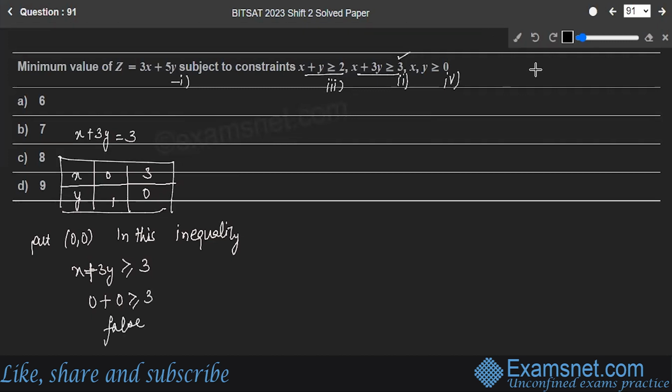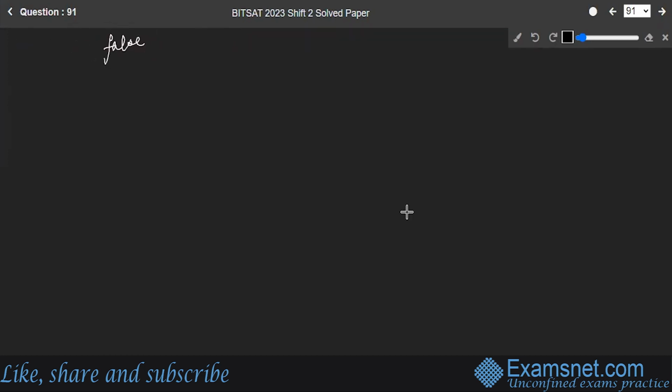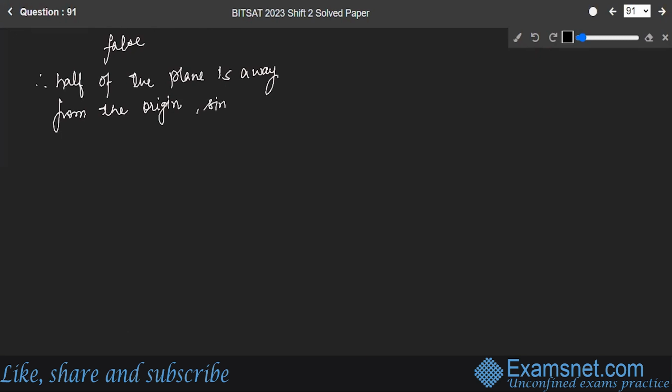So the half plane is away from the origin. Since x and y are greater than or equal to 0, the feasible region lies in the first quadrant.